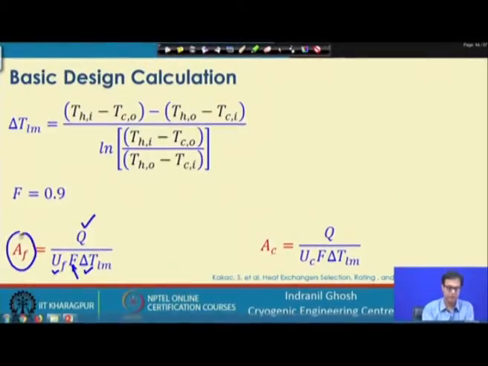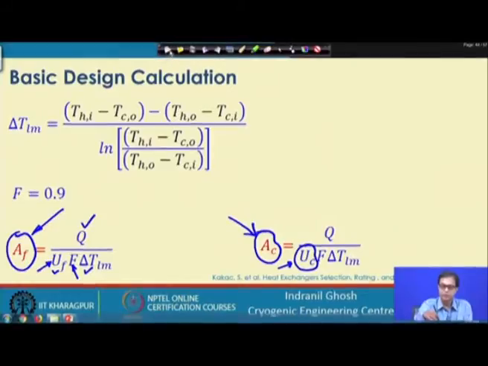Accordingly, we would be able to calculate the A_f corresponding to the overall heat transfer coefficient where we are considering the fouling, and here is where we have not considered the fouling, and this is basically a clean heat exchanger. So, we will be able to find out another heat transfer surface area, and obviously, as you can understand, this will be higher than this one.